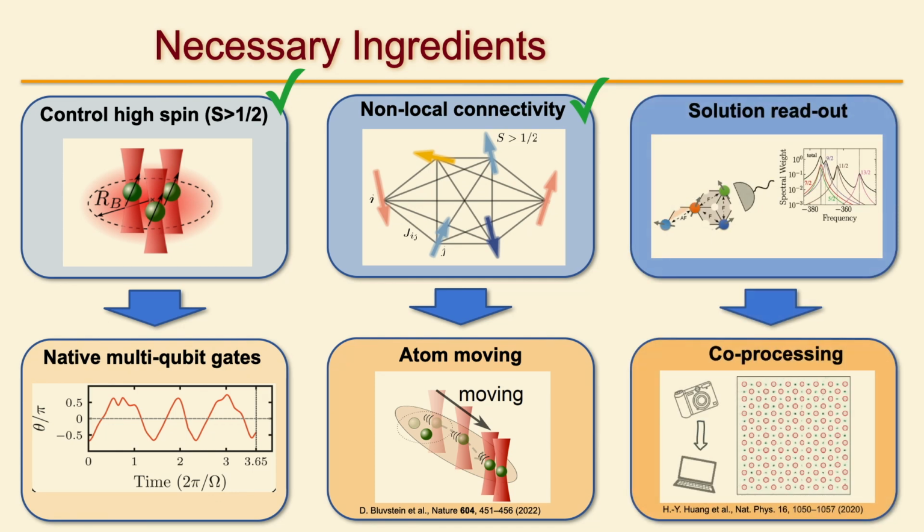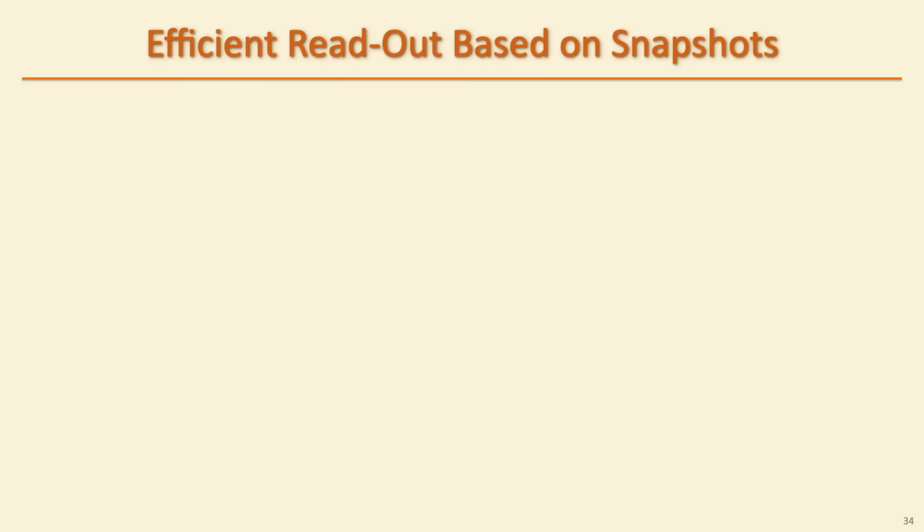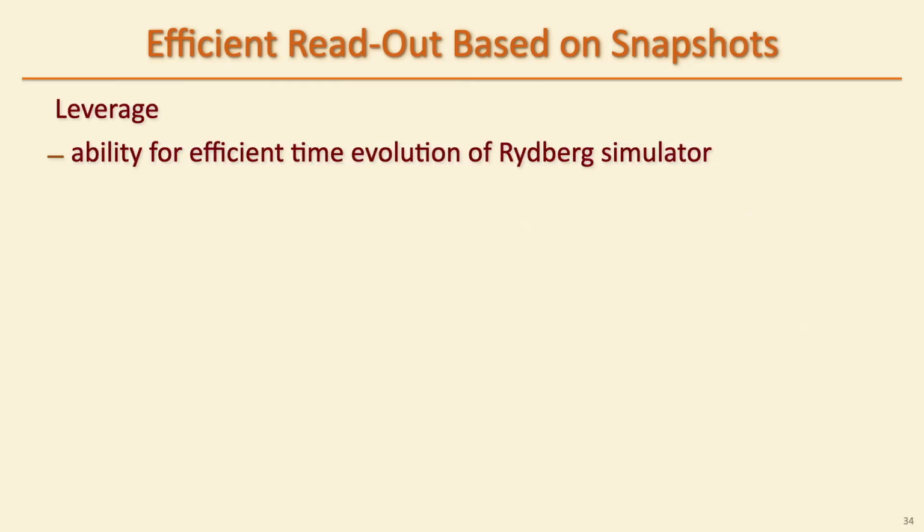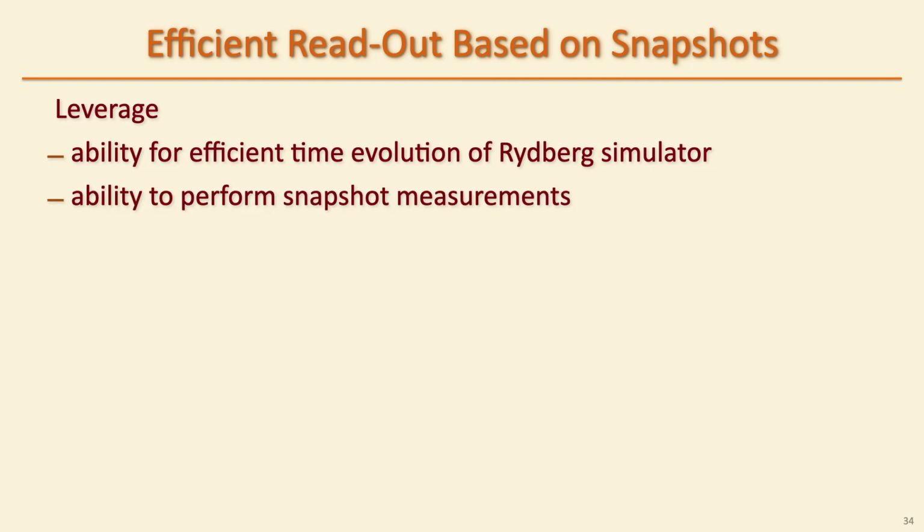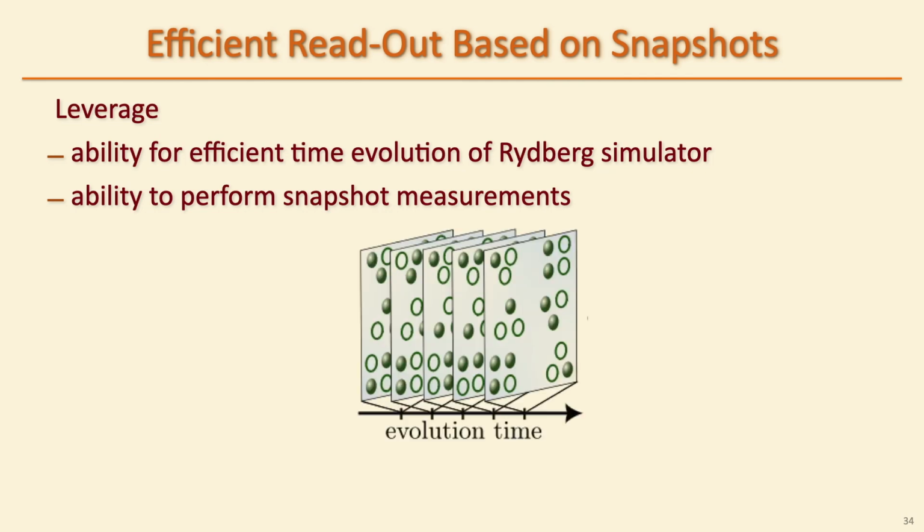So now, with the last 5 minutes or so, I explain to you how we do the readout, which needs some heavy classical calculation. So what we do, we leverage the ability for this efficient time evolution, and we use also the fact that we can make snapshot measurements.